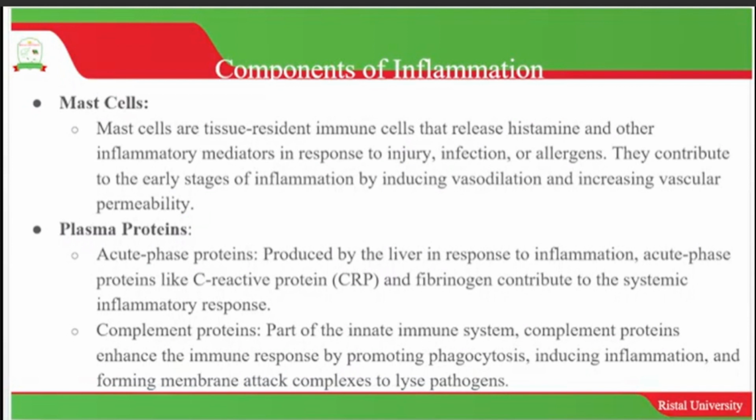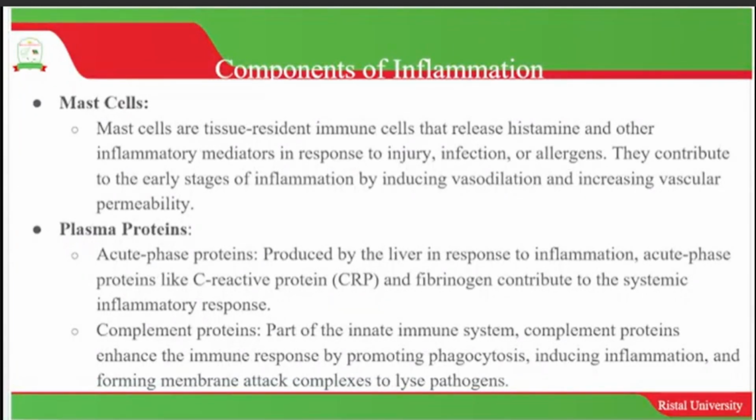And we are saying it is because the immune cells identify either the dust or the infection in the respiratory system, and they act by causing an inflammatory response, contributing to the early stages of inflammation. How? By inducing vasodilation and increasing permeability of the vessels.